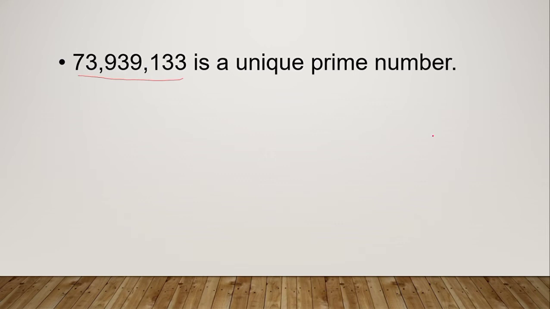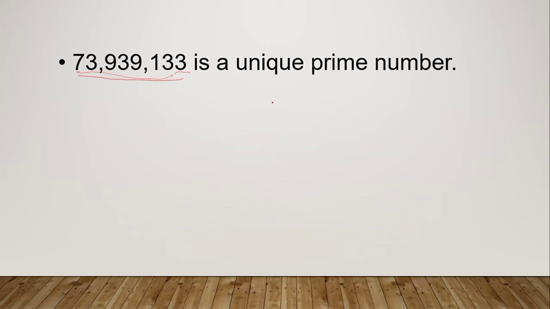If you keep on removing a digit from the right side, each remaining number is also prime. So when you remove one digit on the right, the remaining number is this. It says that it is also prime, and it is correct.